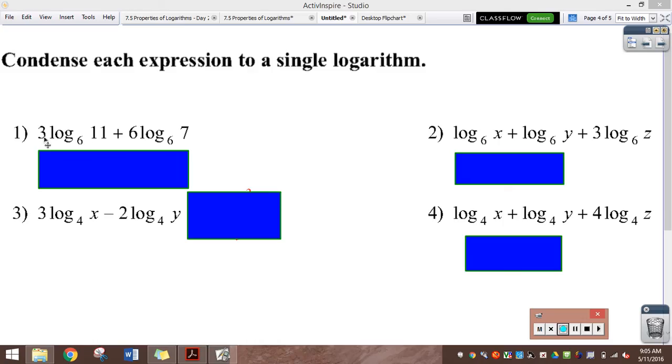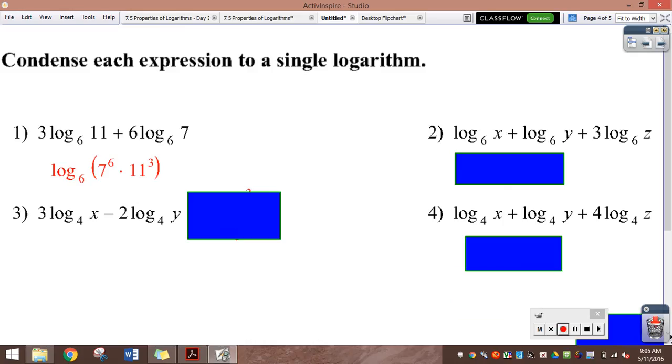So this logarithm here could be rewritten as log base 6 of 11 cubed. This logarithm could be log base 6 of 7 to the 6th. And then once I condense it to just one logarithm, I would just multiply 11 cubed with 7 to the 6th together. So the resulting logarithm would look like this.